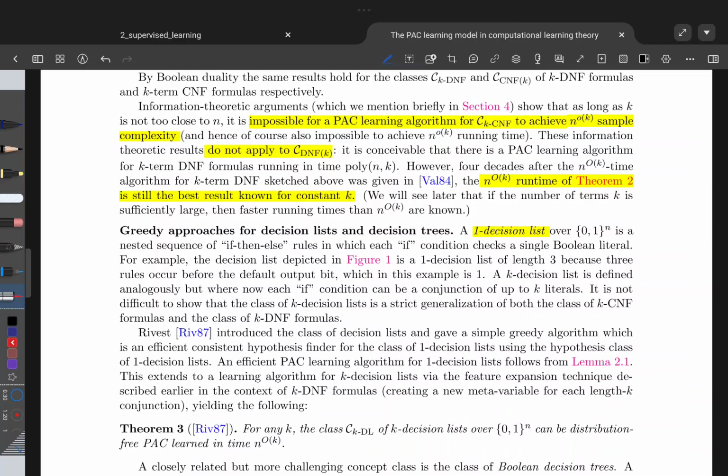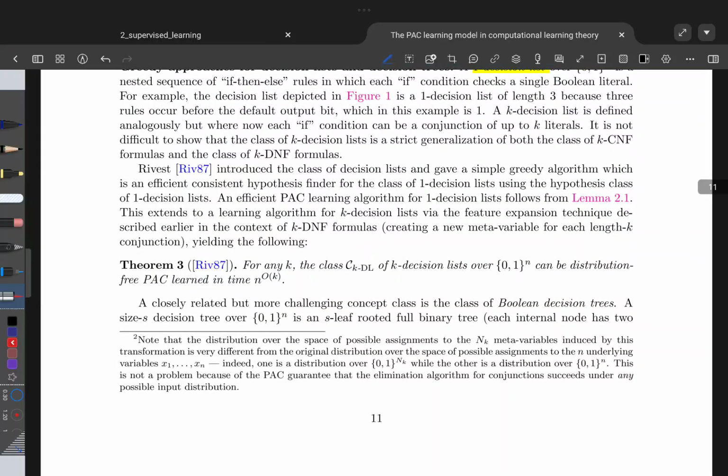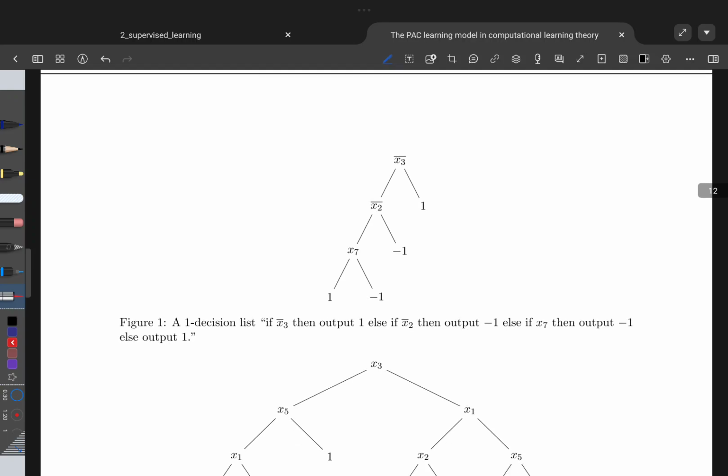A completely different approach is using decision lists and decision trees. So what do you mean by that? So one way of generating a disjunction or a conjunction is the following. You can represent the function as a decision list. And what is a decision list? So any function can be written in this particular form.